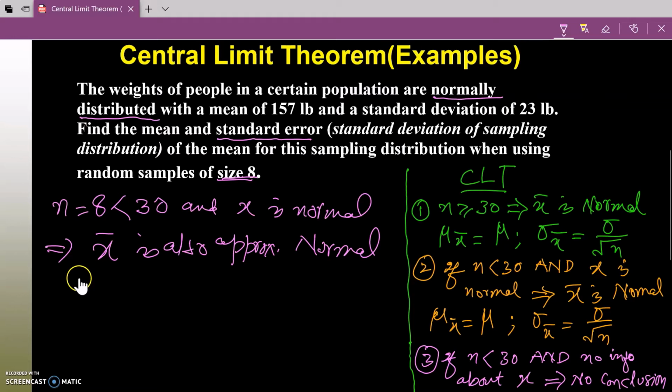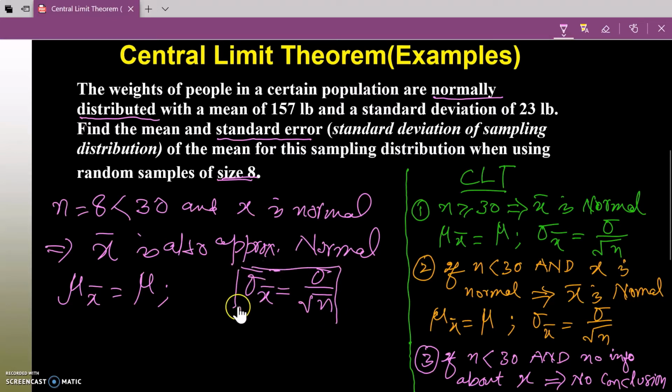And what is the mean? The mean of the sample mean will be equal to the population mean, and the standard deviation of the sample mean is equal to the standard deviation of the population divided by the square root of the sample size. This is also called the standard error of the mean.